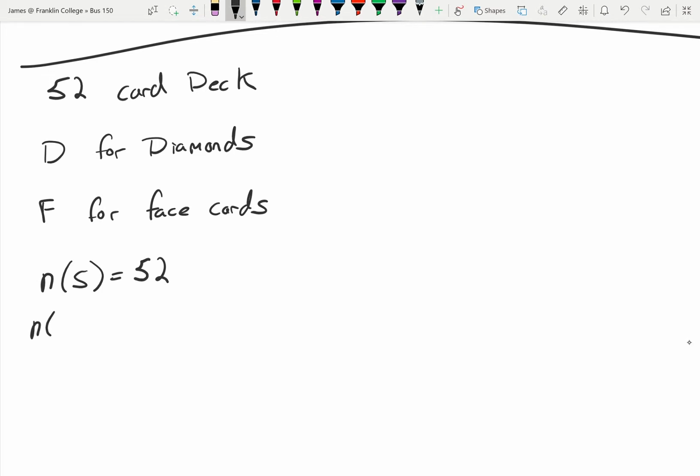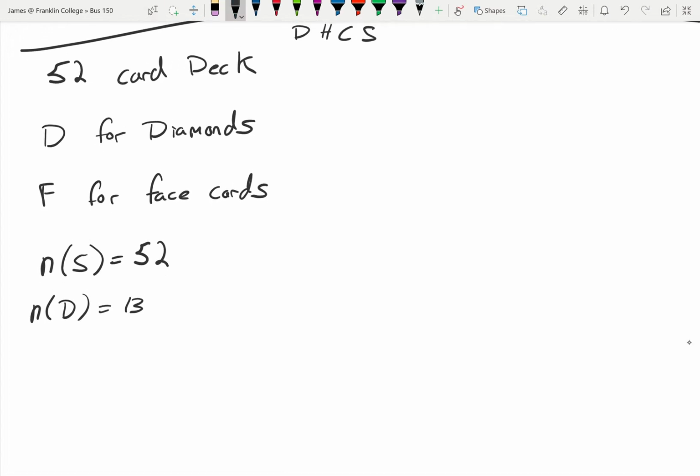The number of elements in the diamond set, well, there are 4 suits in the deck: diamonds, hearts, clubs, and spades. Equally divided between those 4, so 52 divided by 4, there are 13 diamonds. The number of face cards, so there is the king, queen, and jack as types of face cards.